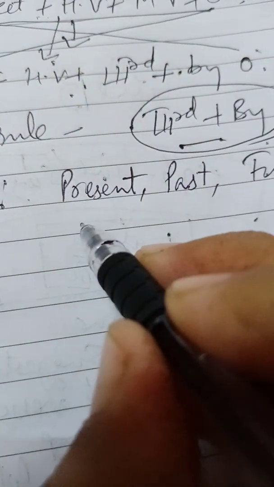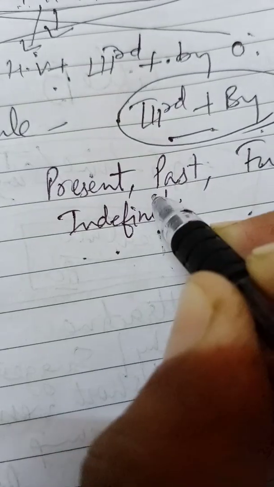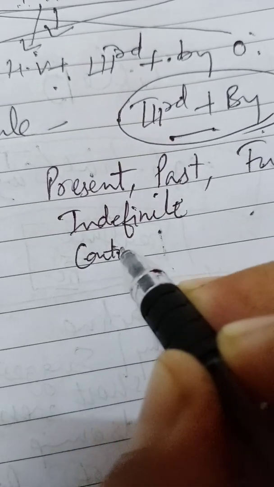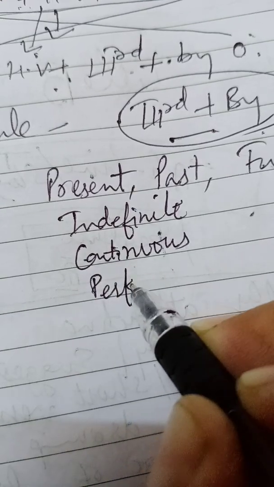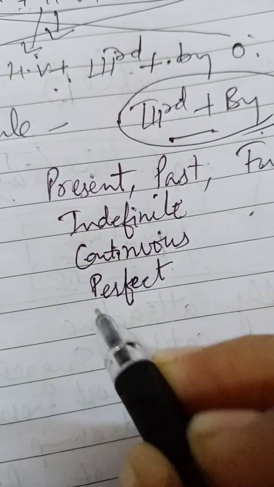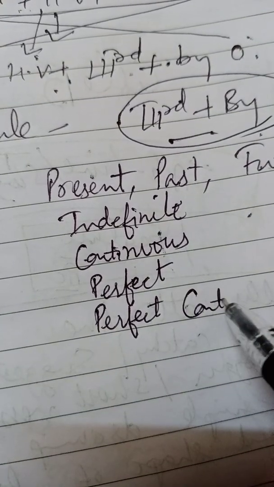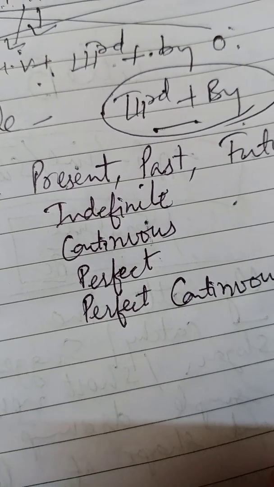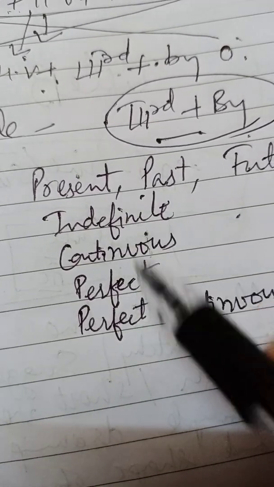Okay, so all of them have indefinite, continuous, perfect, and perfect continuous. Okay, this is the one formula by which we can understand all the tenses.